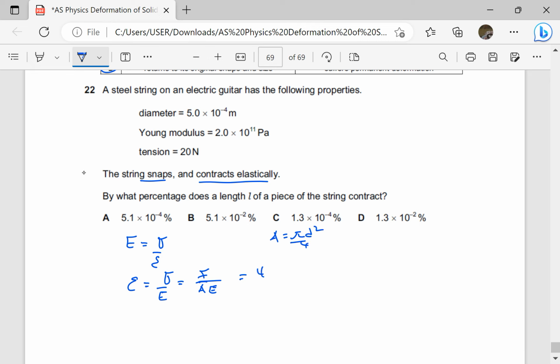So this becomes 4F divided by pi d squared times E. So this becomes 4 times the force, which is 20, divided by pi, diameter is 5 times 10 power negative 2 squared. Then the Young modulus is 2 times 10 power 11.